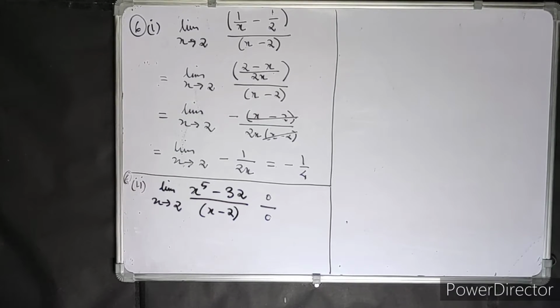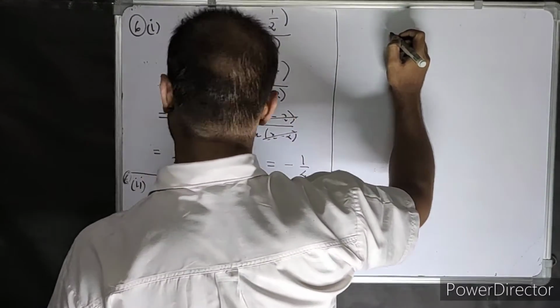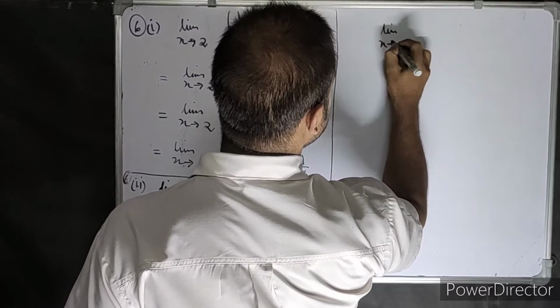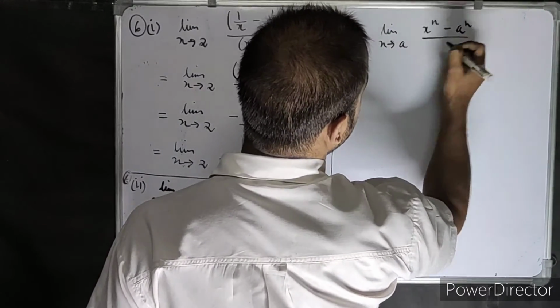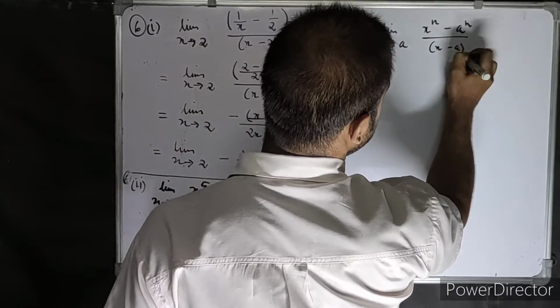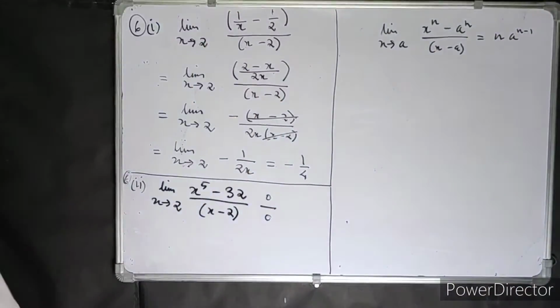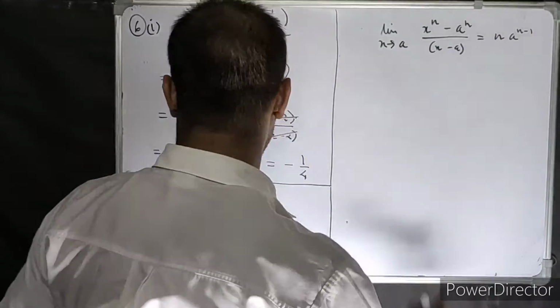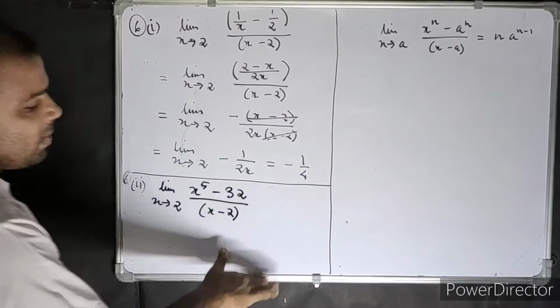No, I have given you a formula: limit x tends to a, x to the power n minus a to the power n, whole divided by x minus a, is equal to n a to the power n minus 1. I just gave you this formula, so let's use that. So how to change this? It's not going to be 0 by 0.